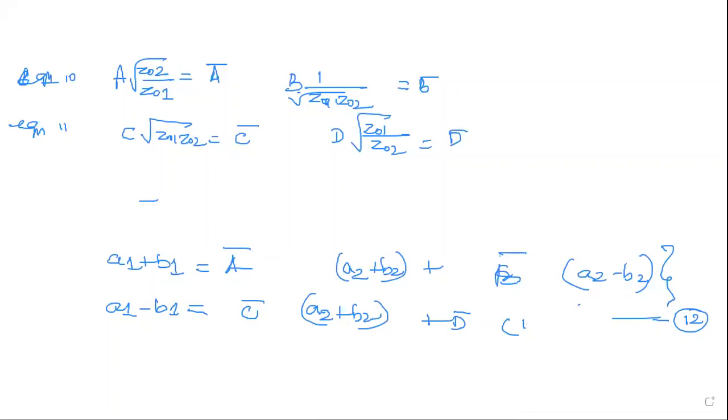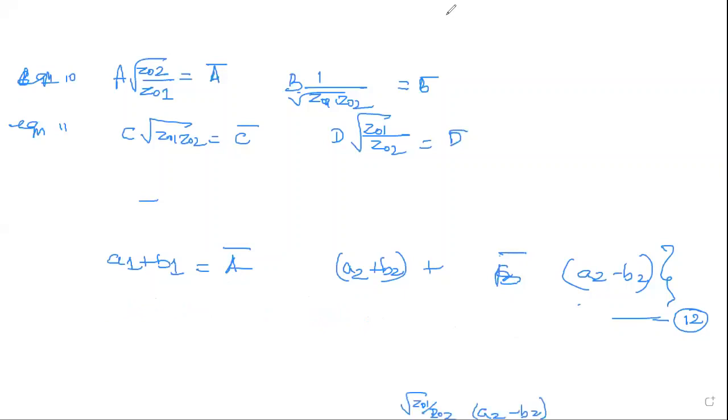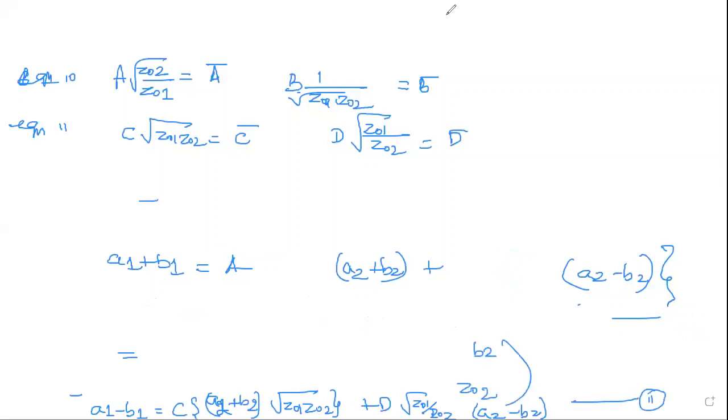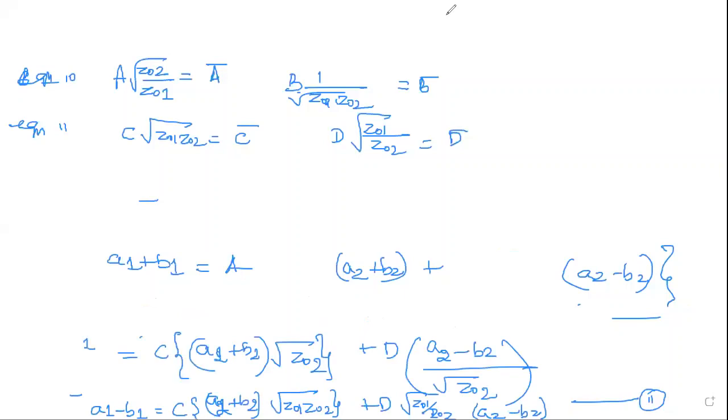Okay, just one second, there is a mistake here. Everything is the same, just one mistake in terms of the current value. I've taken it as A2 minus B2. It should actually be B2 minus A2. Because if you see the figure of port 1 and port 2, which I have drawn earlier, you can see the current is going outside.